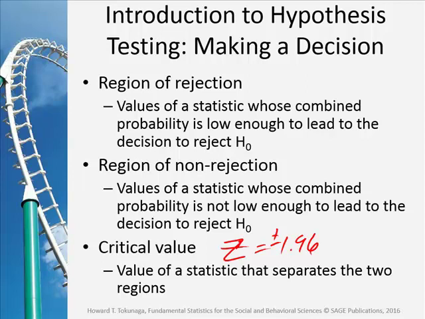Where is this region of rejection on any curve you draw? Where is it? It's in the tails. It's always in the tails. The region of non-rejection, it's in the middle. It's always in the middle.